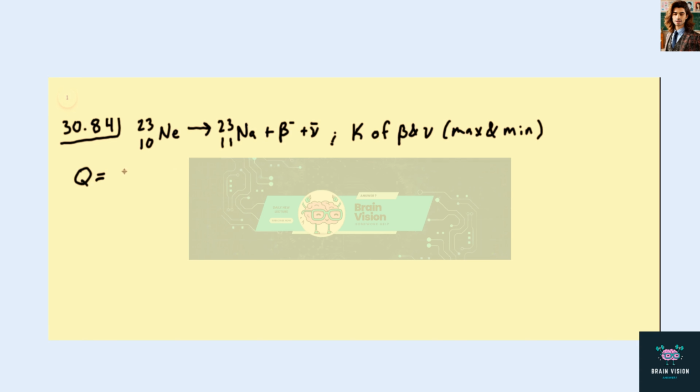So then the Q value is going to be c squared times the mass of the neon, which is given in the text of the problem, minus the mass of the sodium, also given in the text of the problem.